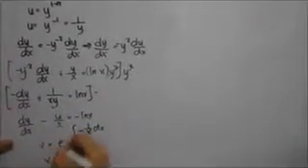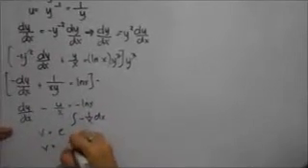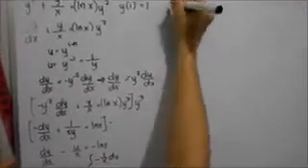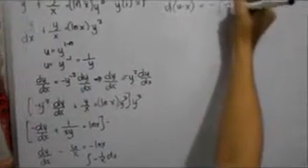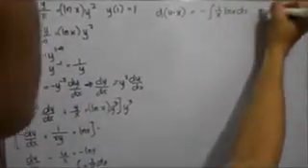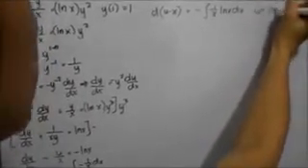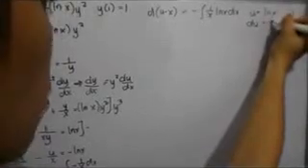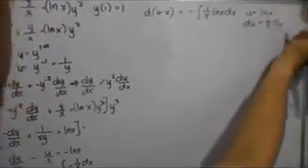So v is equal to 1 over x. Substitute this, so d of u times v is equal to negative 1 over x ln of x dx. Let u is equal to ln of x, and du is equal to 1 over x dx.